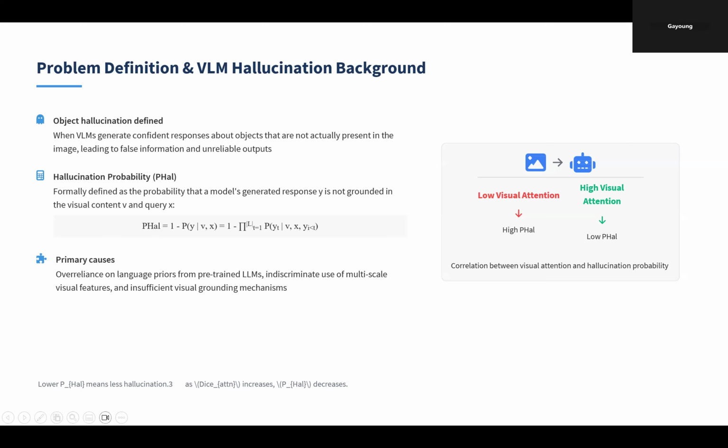This is for each of the, I forgot the T, wait a minute, for each of the time steps, or for each of the tokens, they multiply everything. But this is more intuitive. You are removing the probability that the LLM will answer based on the visual content and query. This is the meaning. For this part, I will improve it and introduce it again next time.